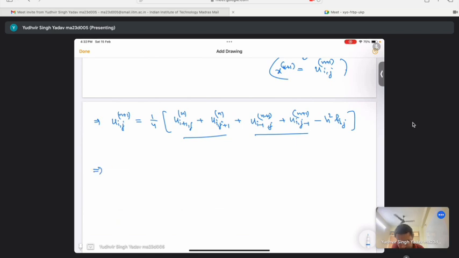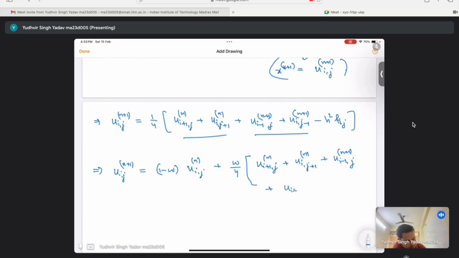So it will reduce to u i j n plus 1 equals 1 minus omega times u i j n plus omega by 4 times u i plus 1 j n plus u i j plus 1 n plus u i minus 1 j n plus 1 plus u i j minus 1 n plus 1 minus h squared times function f i j.